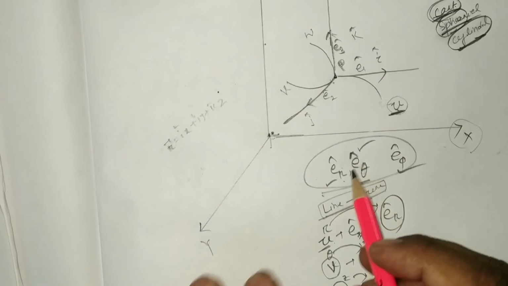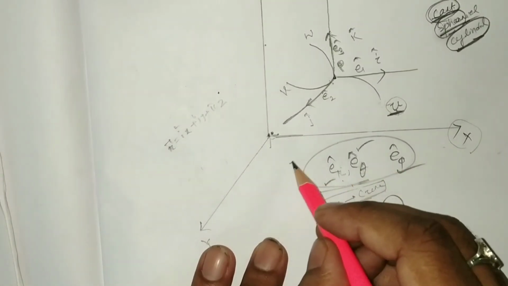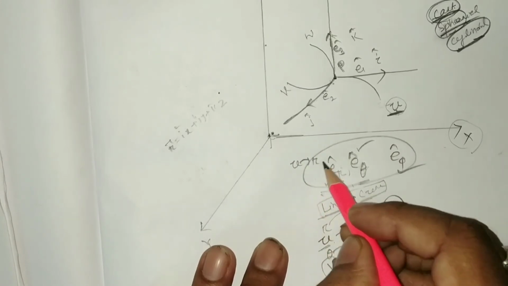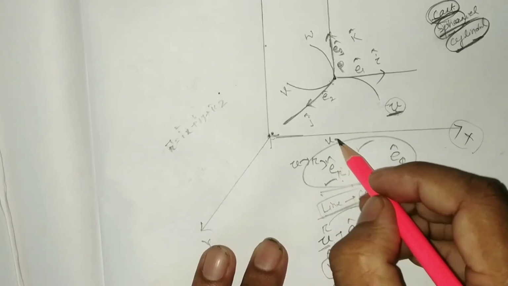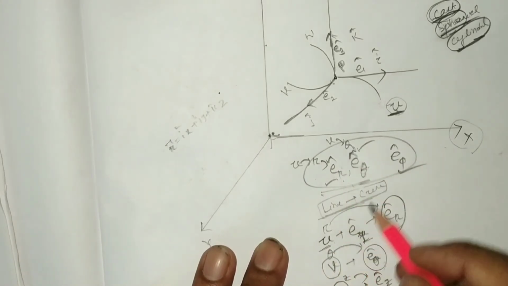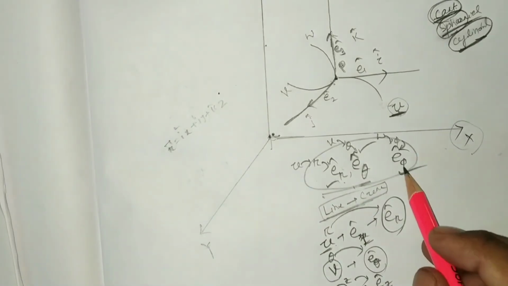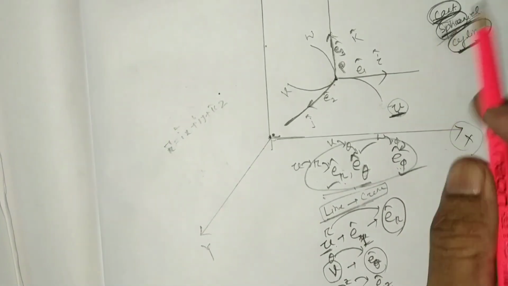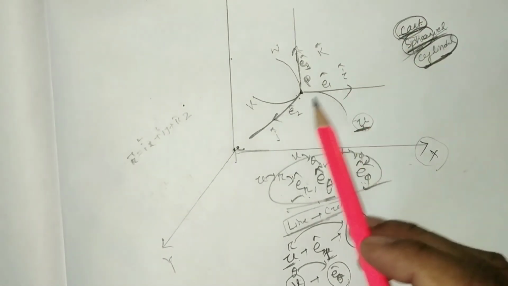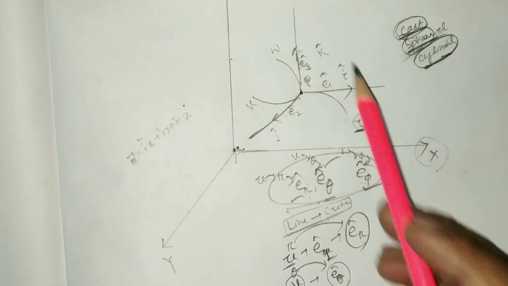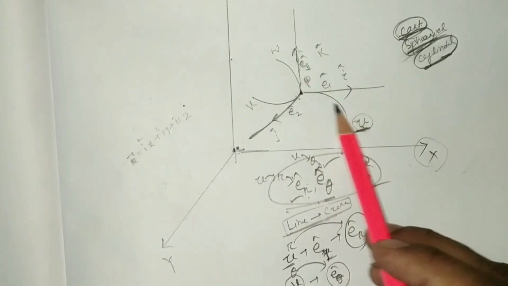Likewise, in case of spherical polar coordinate system, as we discussed, instead of u we have to consider r and the corresponding unit vector will be er cap. Instead of v we have to consider theta, e theta cap. W will be phi and the corresponding unit vector will be e phi cap in case of spherical polar coordinate system. And in case of Cartesian coordinate system, i cap, j cap, k cap, instead of e1 cap, e2 cap, e3 cap, corresponding to u, v and w.